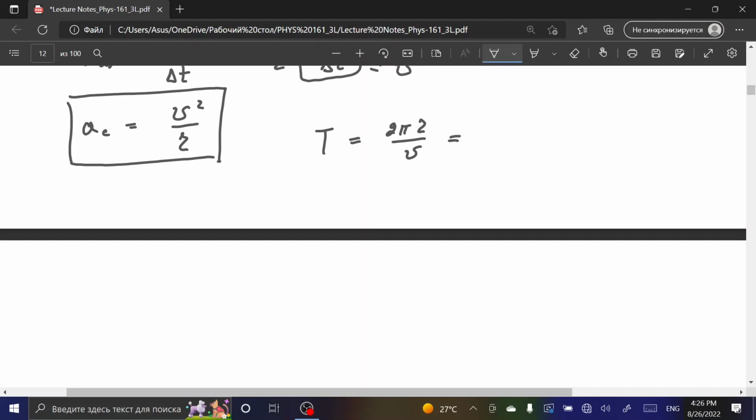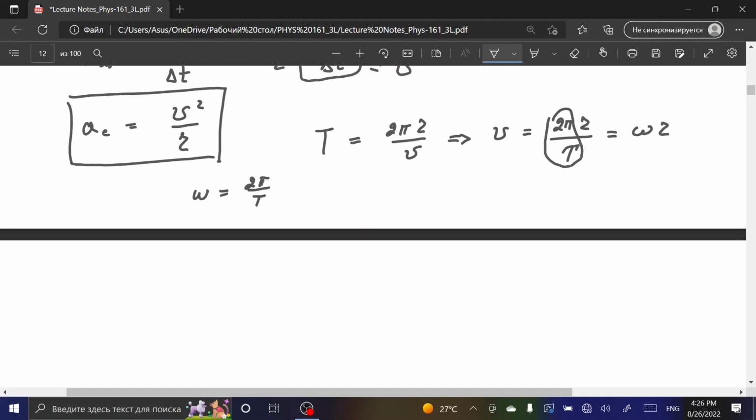From here, we can express the linear velocity: v is equal to 2 pi times r divided by the period T. And if we consider the term 2 pi divided by T, that is omega, the angular velocity. So we can write that linear velocity is equal to angular velocity times radius.